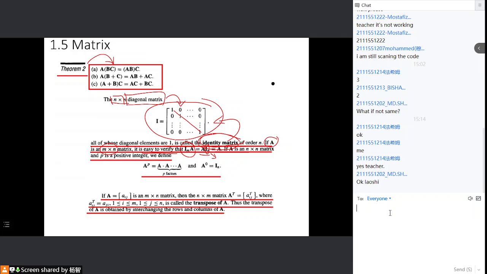In means the identity matrix of order n, the shape is n by n. Firstly, the identity matrix is also a diagonal matrix. It's also a square matrix.